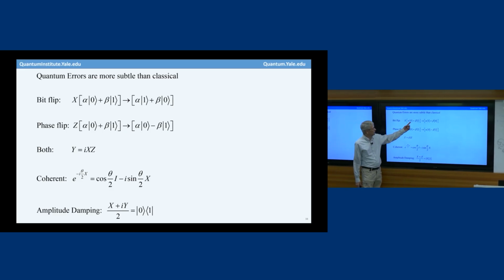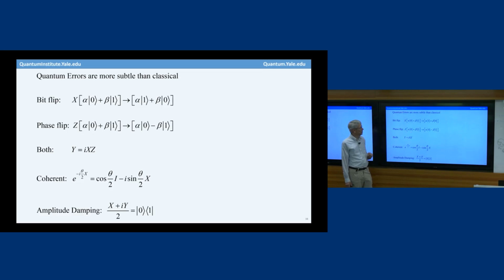It's in a superposition of 0 and 1 with complex coefficients alpha and beta. And let's say there's a bit flip error. So I apply a Pauli X, and not me, but the noise demon applies a Pauli X and flips the bit. Then it goes from alpha 0 plus beta 1 to alpha 1 plus beta 0, right?